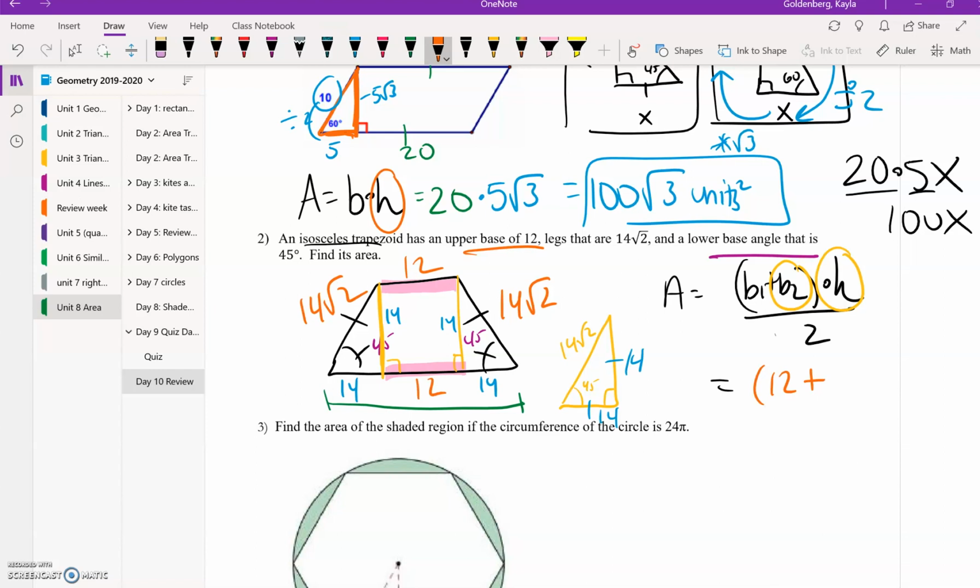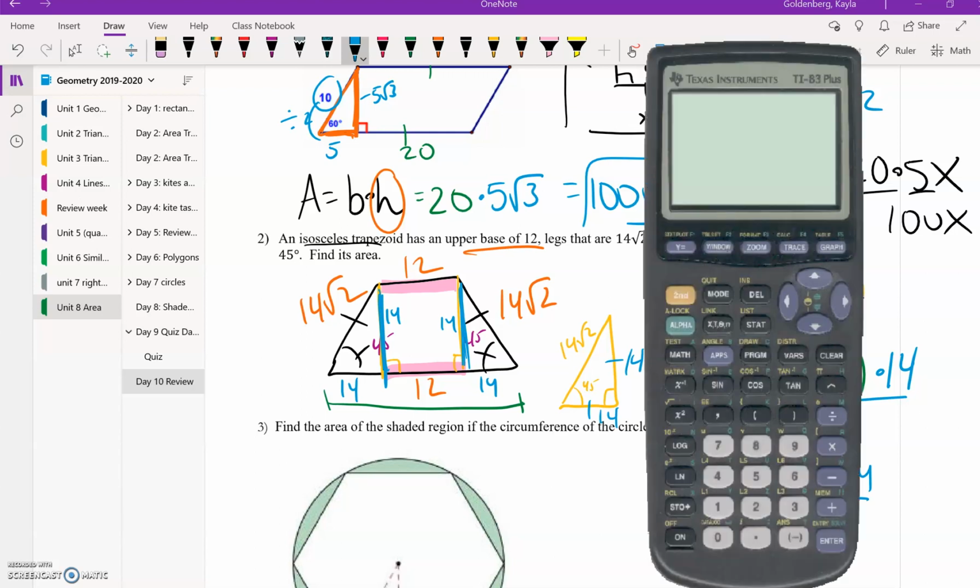So you're going to have to do 14 plus 14 plus 12, which comes out to 40 for your total big base. Times our height. Our height is 14, right? And that's coming from the height of the trapezoid being one side of your 45, 45, 90 triangle. Then we're going to divide by 2. So it looks like we've got 52 times 14 divided by 2.